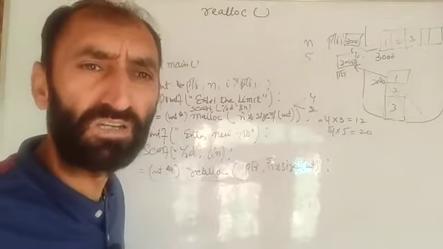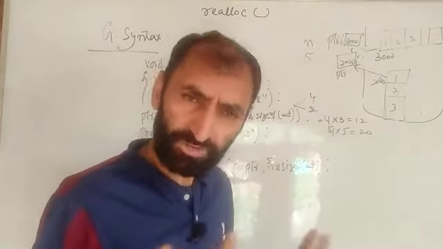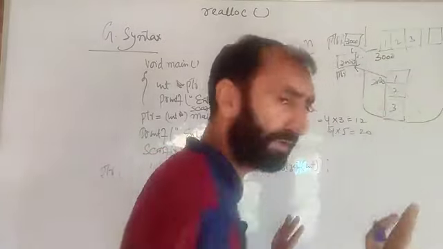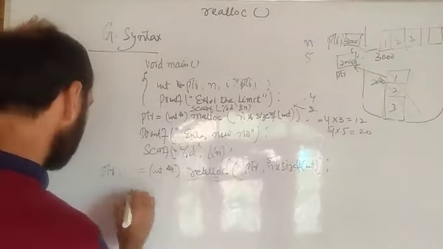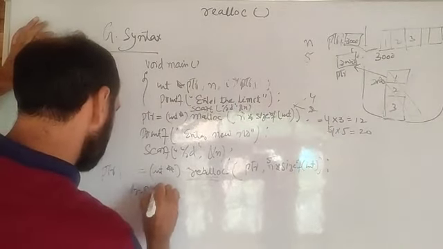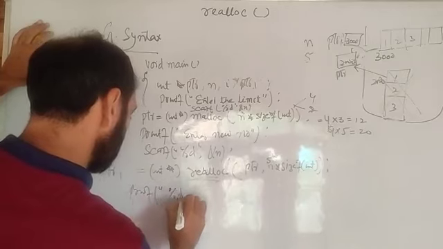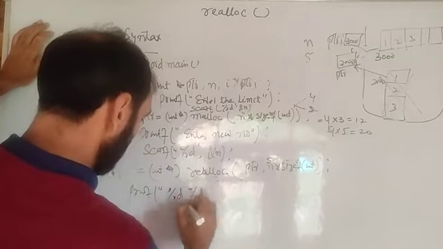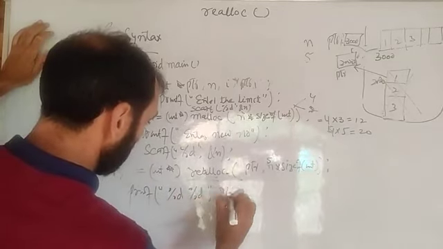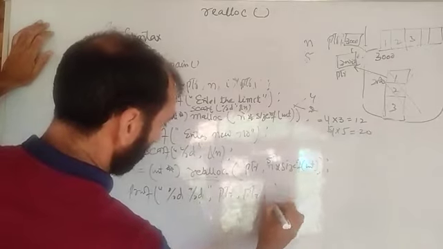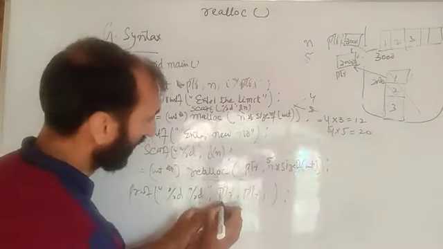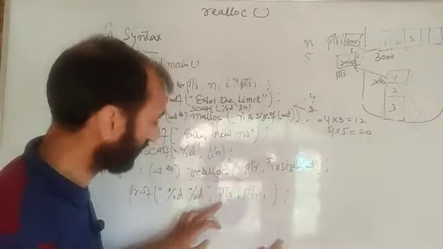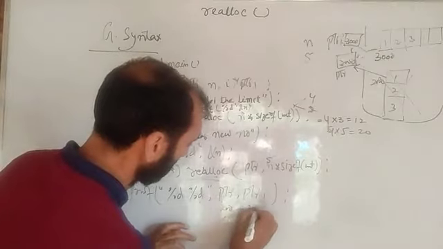We can also see whether it has allocated a new block or modified the previous block. For example, if we simply write printf %d ptr and ptr1, it will print the addresses. If it has modified the previous block, it has increased the size of the previous one, and both will be 2000.